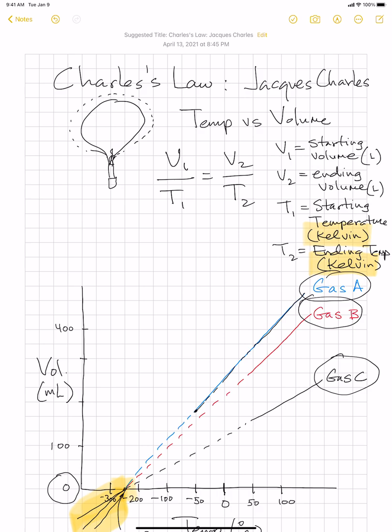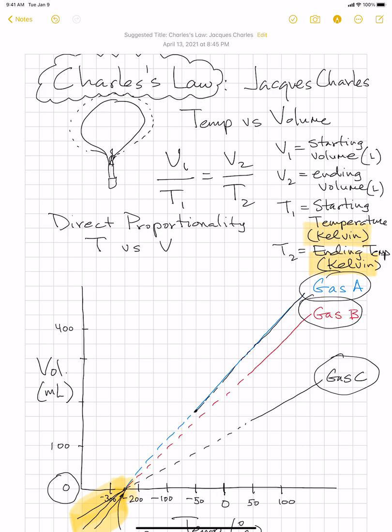So we have an introduction right now to Charles' law, and we saw that Charles' law shows us that there is direct proportionality between temperature and volume. That means if you increase the temperature, you increase the volume. Even more, if you double the temperature, you double the volume.